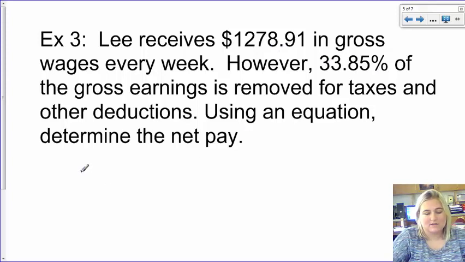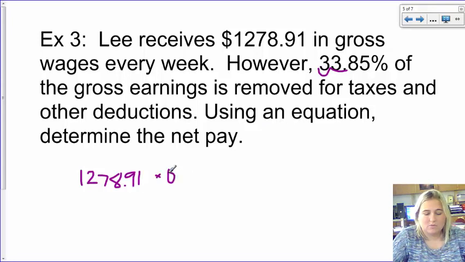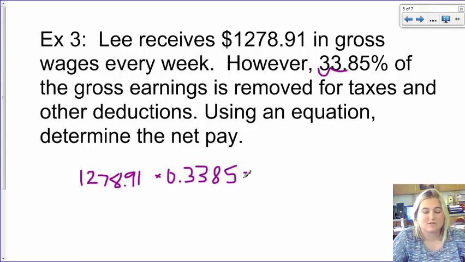So we have $1,278.91, and I know that the deductions is going to be 33.85% of that. Now, just because there's a decimal here doesn't mean that it's already in decimal form. I still have to move that decimal 2 times. So it's going to be times 0.3385, and that's going to give me my deduction.